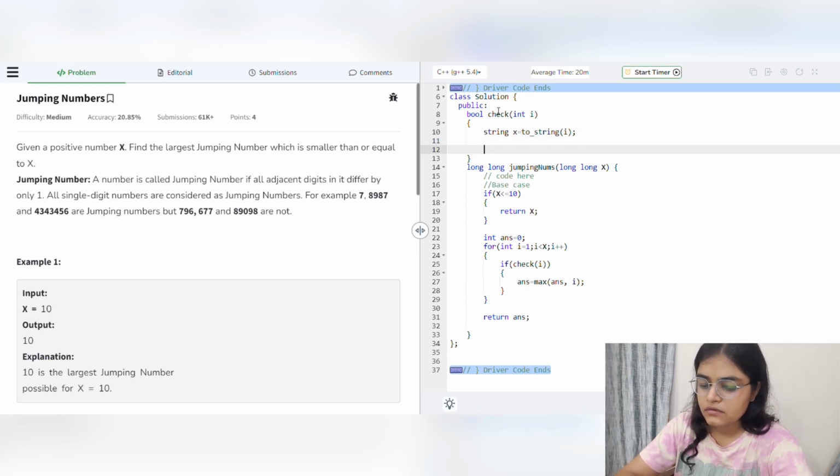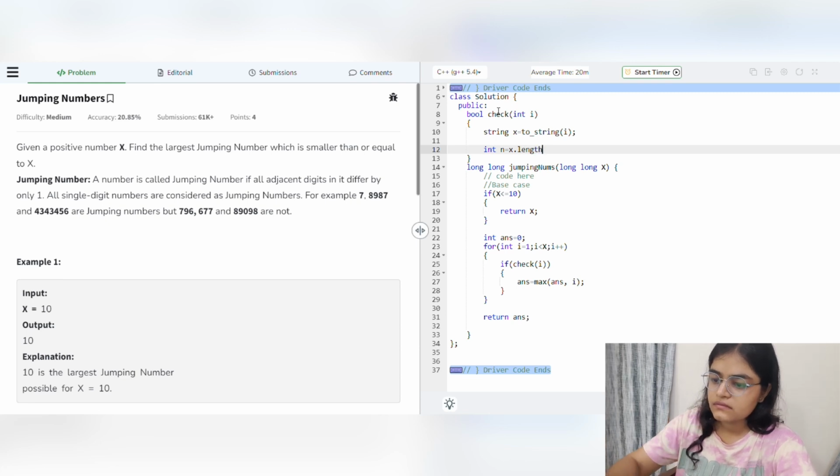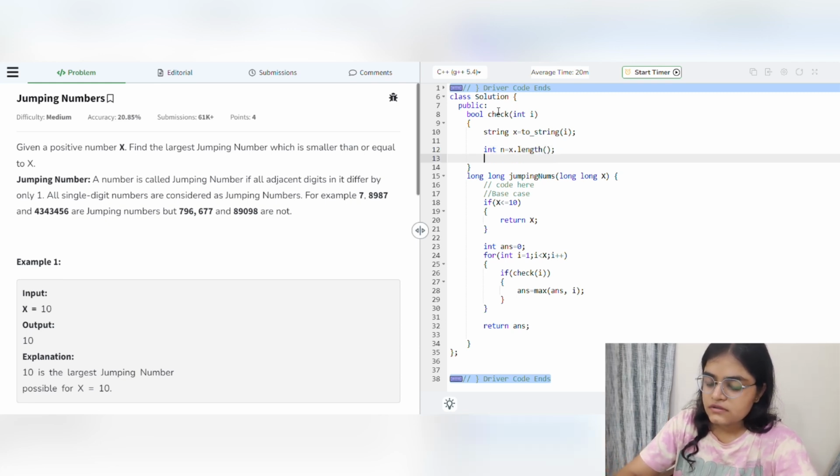Now int n is equal to x.length, and we'll take two pointers, a left pointer and a right pointer.